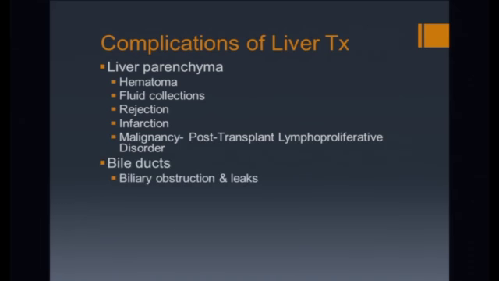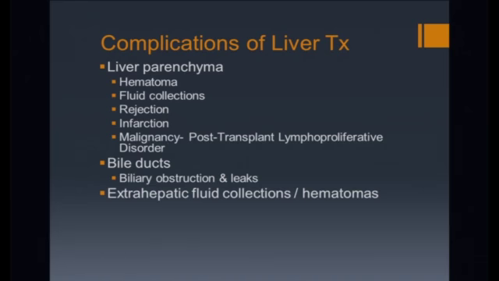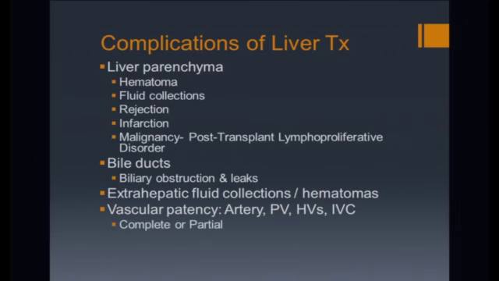Disorders of the bile duct, including biliary obstruction and leaks, extrahepatic fluid collection and hematomas, and vascular patency. Again, the 4 tubular structures: artery, portal vein, hepatic veins, and IVC that are anastomosed. Vascular patency can be complete or partial, and anastomotic stenosis or thrombosis can occur.